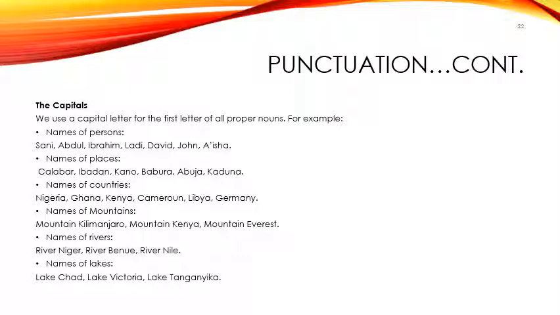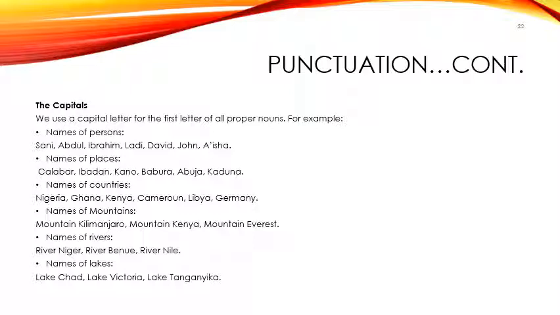Also among the punctuation marks are capitals. We use capital letter for the initials or first letter of all proper nouns. Names of persons. For instance, Sani, Abdul, Ibrahim. The names of places. Calabar, Kano, Kaduna. Names of countries. Nigeria, Cameroon.